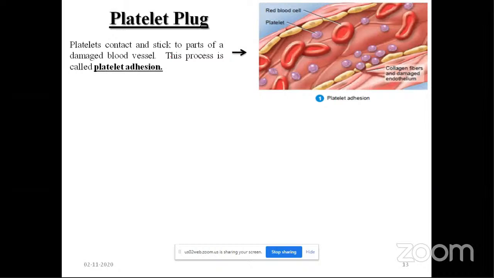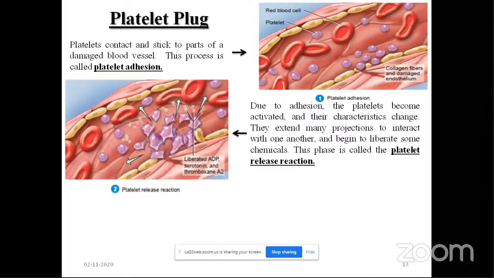Platelet plug formation takes place in three steps. One is attachment of platelets to the broken wall of the blood vessel, where the platelets come and contact the damaged blood vessel. This process is called platelet adhesion. This is followed by the platelet release reaction, in which the platelets, which are rich in granules containing clotting factors, get damaged and ruptured at the site of injury, and there is release of the clotting factors and chemicals like serotonin, ADP, etc. from their granules.